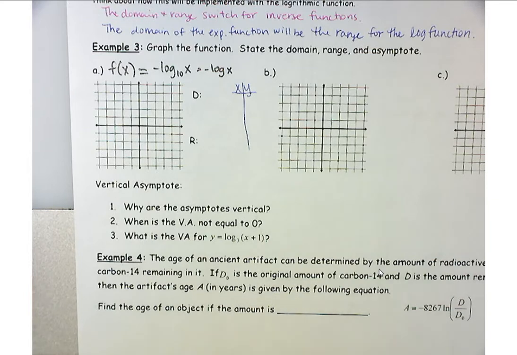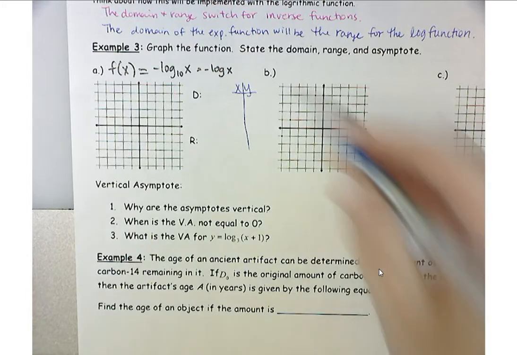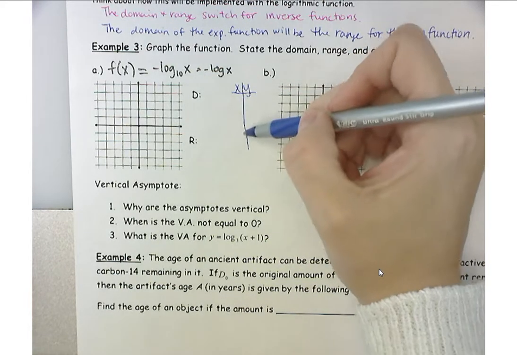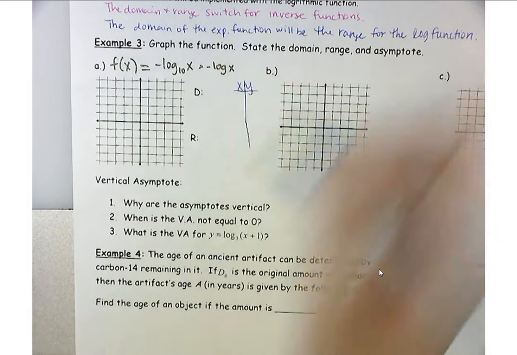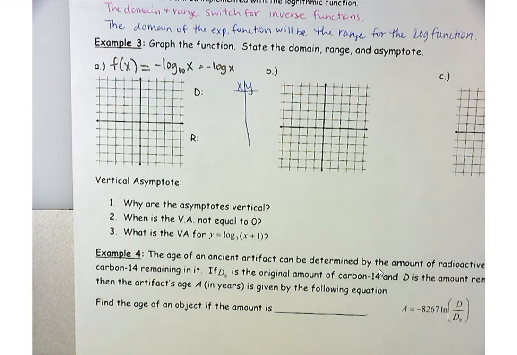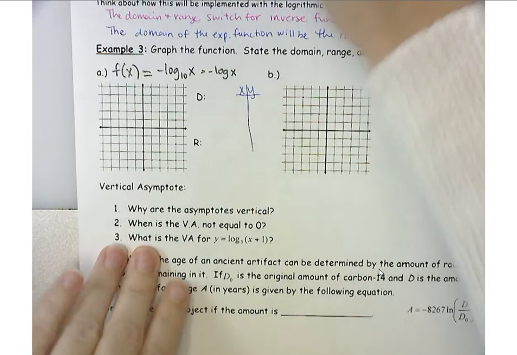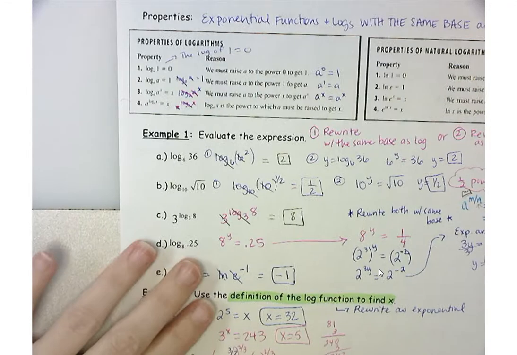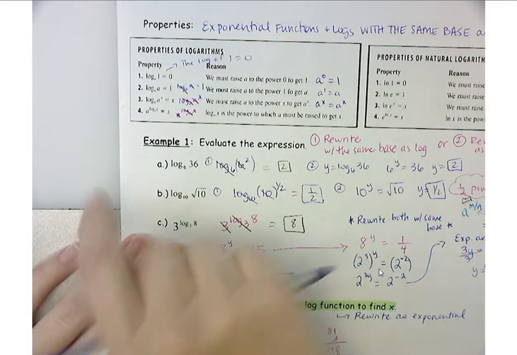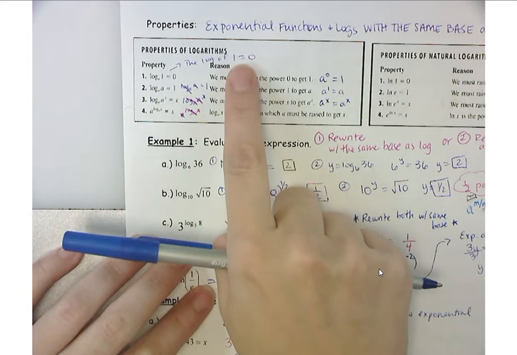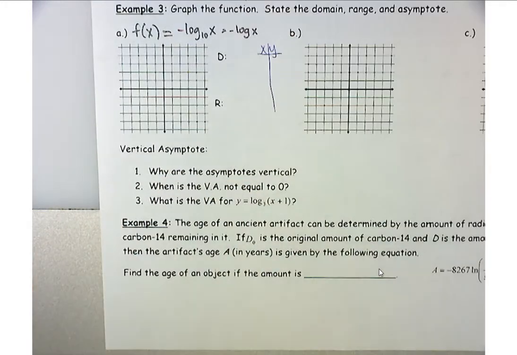Remember, x and y values are going to switch, which means instead of us wanting those to be our x values, we actually want them to be our y values. Now in our properties, we said that the log of something always is something. The log of 1 is always equal to 0. So that would definitely be something good to put on our chart.